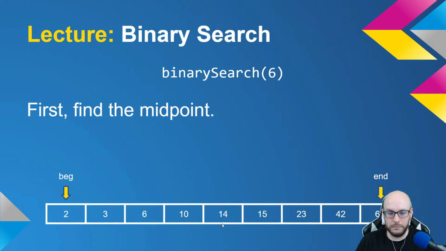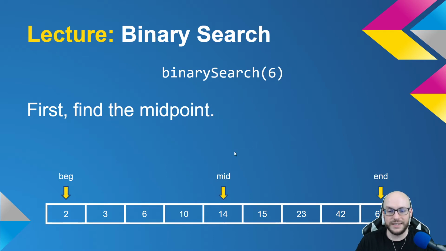That means this midpoint is slap dab in the middle at 14. We're going to ask the question: is the number that I'm looking for, 6, less than, greater than, or equal to my current midpoint element, which is 14, right? Because this is in order, that's super important. I'm going to ask, is it less than, greater than, or equal to?